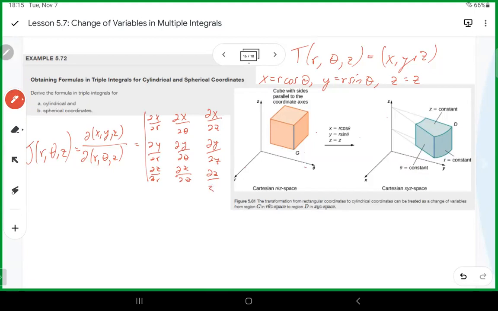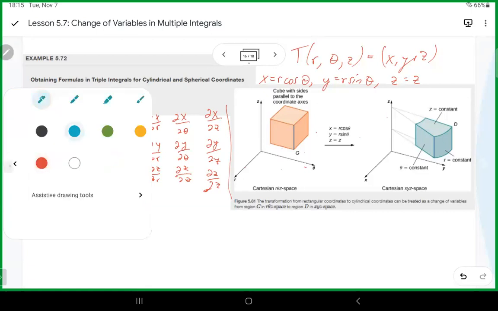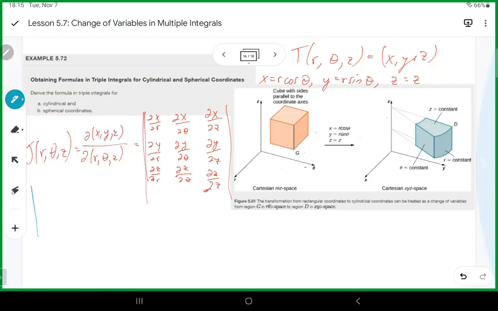Hopefully you guys can read chicken scratch on all of this. So then for this problem, that would be cosine theta, sine theta, 0, negative r sine theta, r cosine theta, 0, and then 0, 0, 1.